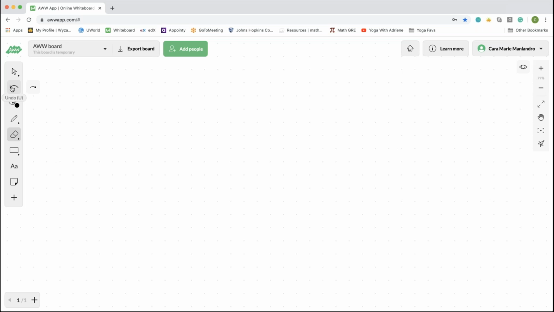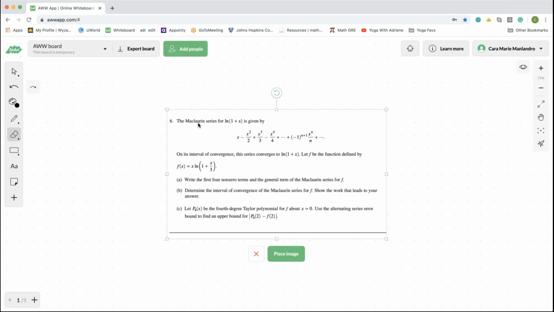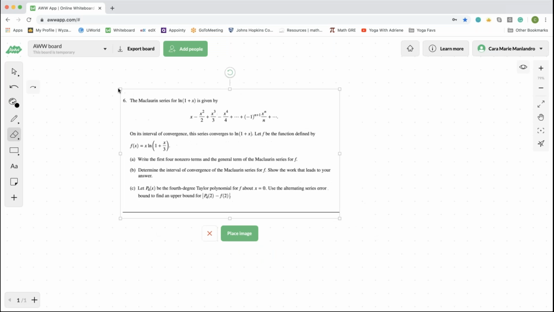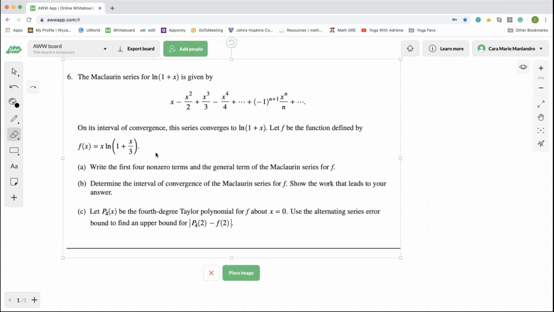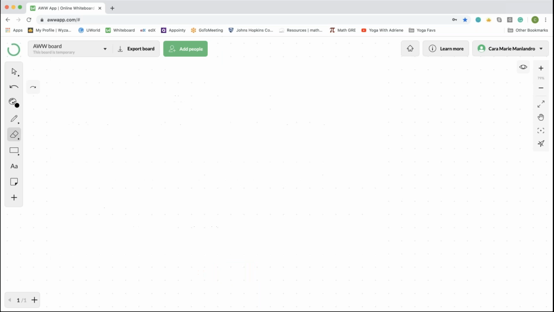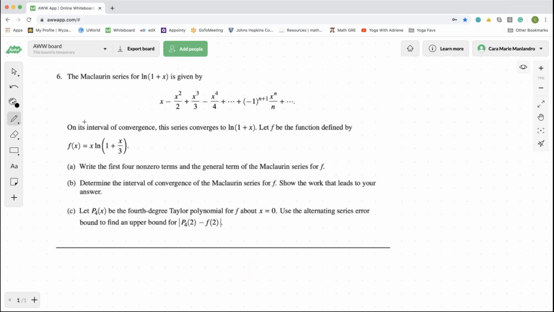Let me see if I can unerase. I don't think I can unerase, but let me put the problem back up and try to answer your question. All of the calculations for A, B, and C were done based on the function. Then we just used the series that they gave us as something that we can manipulate.